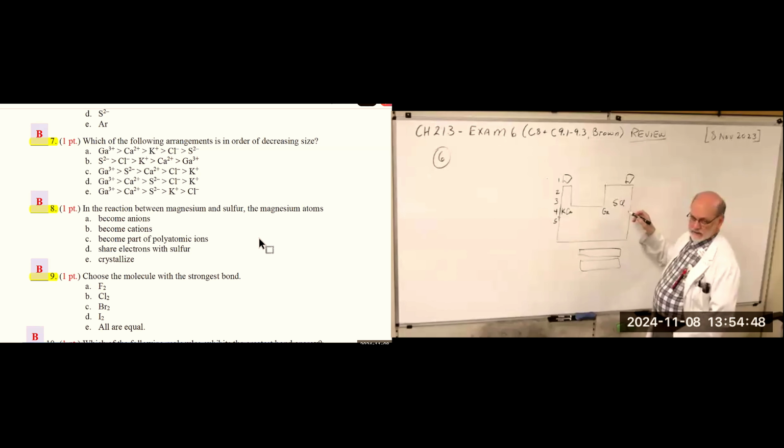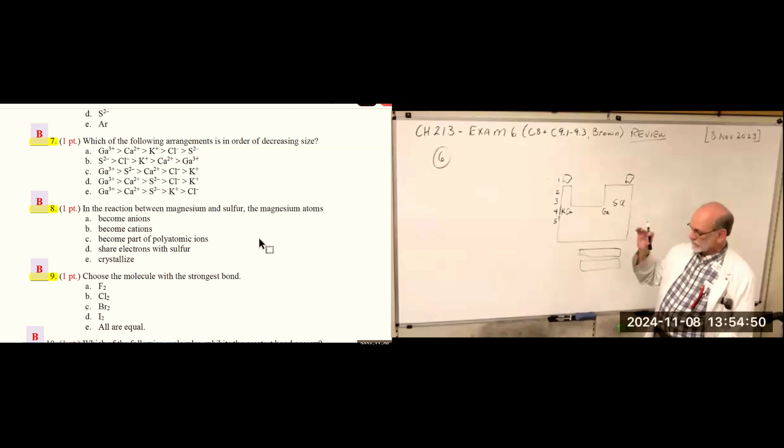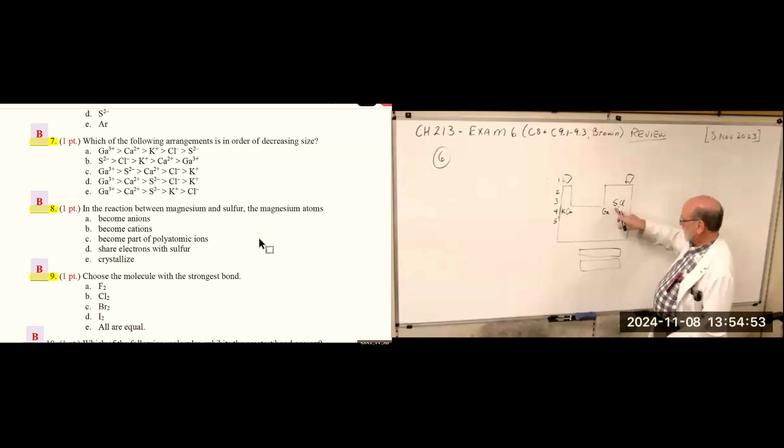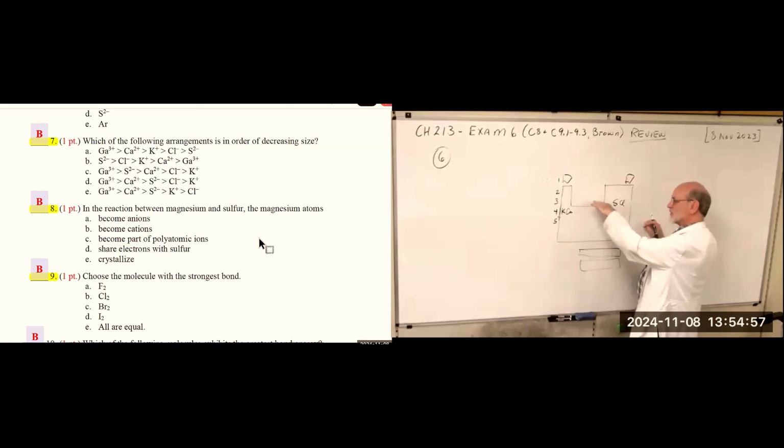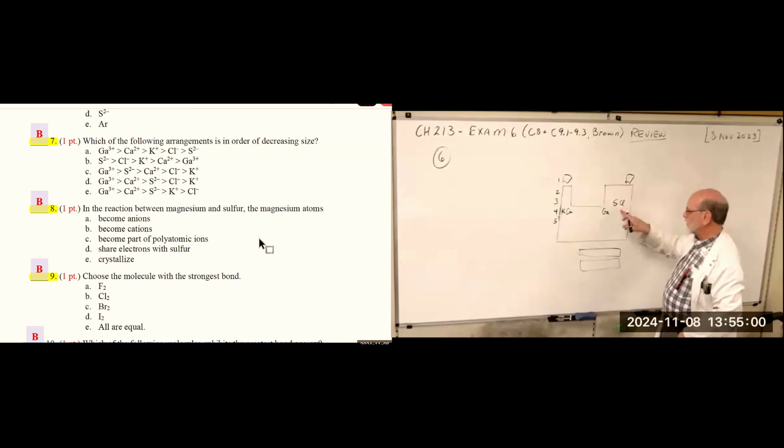The biggest one is going to be sulfur. Because the trend, for atomic speaking, is decrease in size this way. But we've added 2 electrons in the 3rd level, but there are fewer protons. That's the key here. So this one should be the largest.